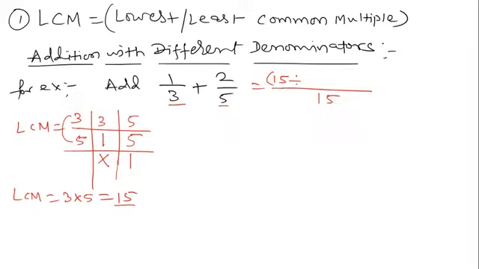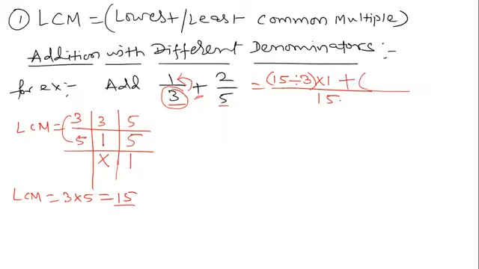Put here 15, the same denominator, put here a division sign, and then divide it by the first denominator, that is 3. Close the bracket, put a multiplication sign and multiply by its numerator. So I multiply it by 1. Now what is the sign in between these two fractions? The sign is plus sign. So I write here plus.